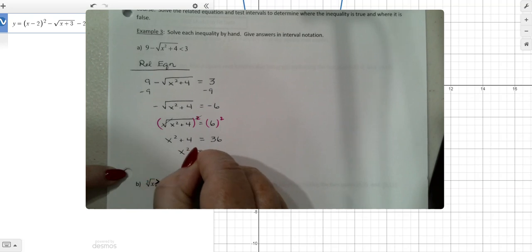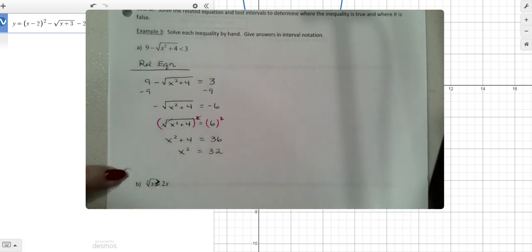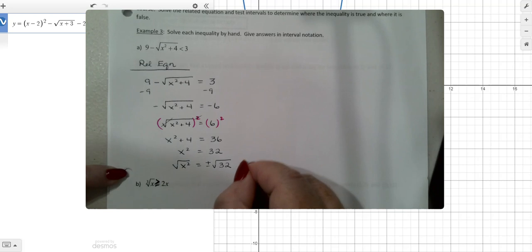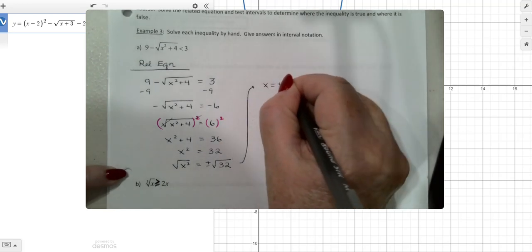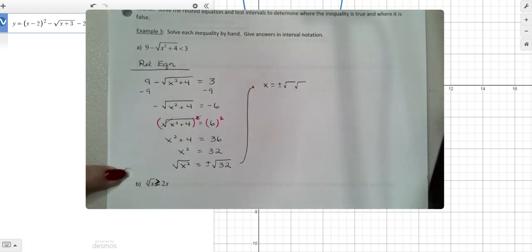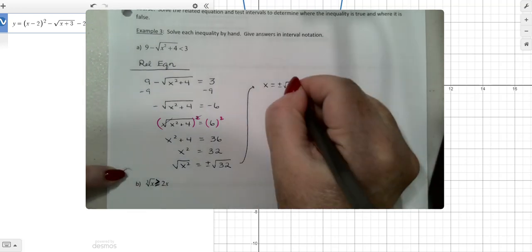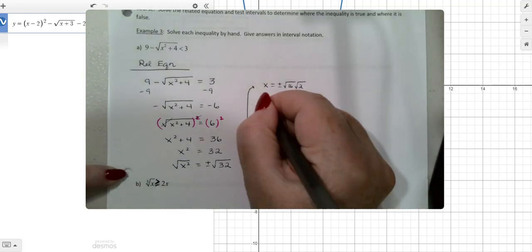So x squared would be 32. And if I take the square root of both sides, I get x is plus or minus the square root of 32. Let's see, let's try breaking that down. Square root of 32, I could break that down as 16 times 2.